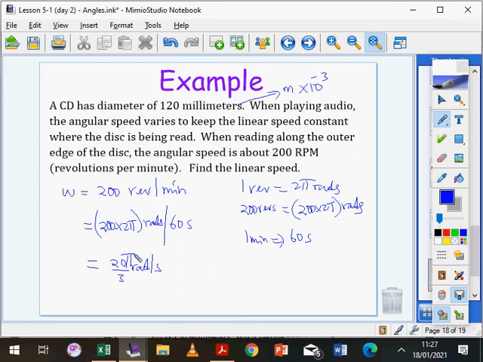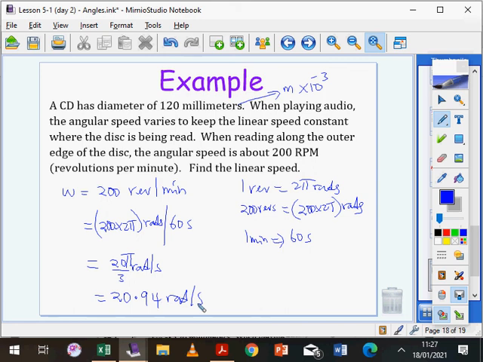Now, if I want to write that in terms of decimal, that is 20.94 radians per second. That's without the pi. So the next thing I need to do is find the linear speed.